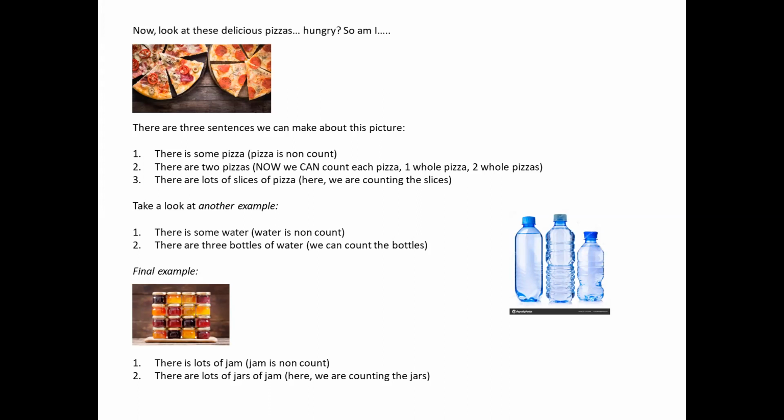So in this case, we can count, so we can add S to pizzas. Or we can count the slices. Slice, slice, slice, slice. So number 3, there are lots of slices of pizza. Okay, so we can make 3 sentences just from the one food.